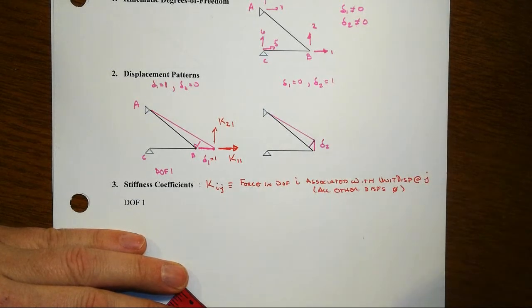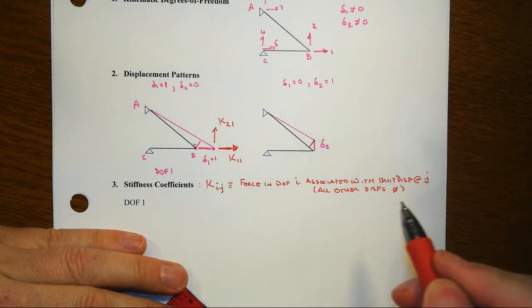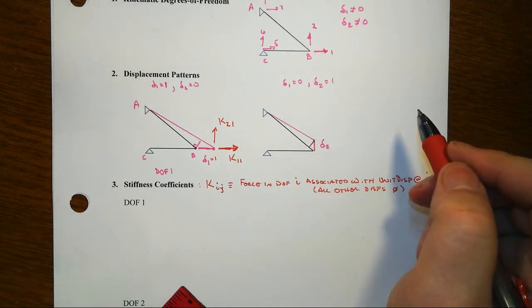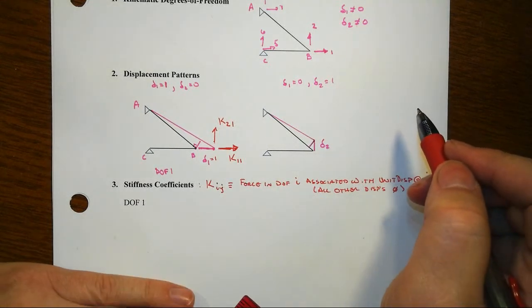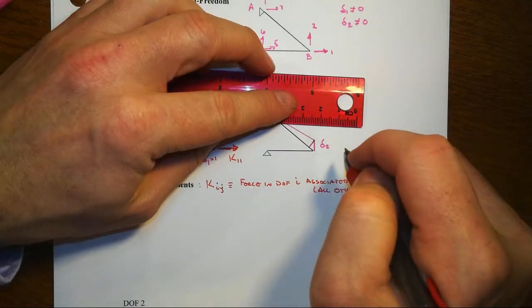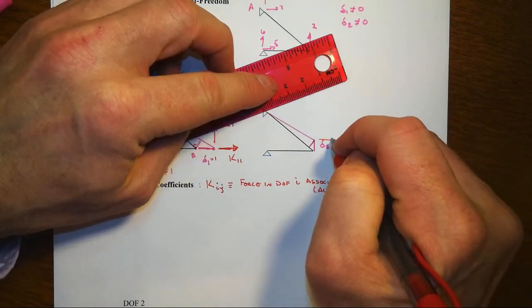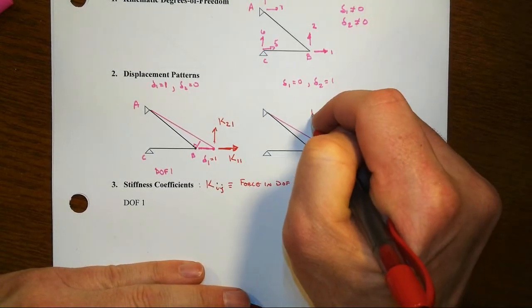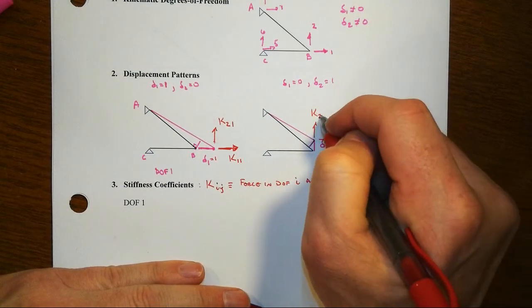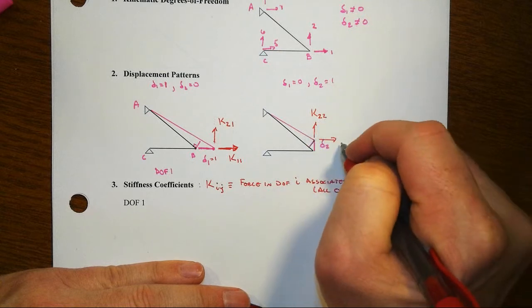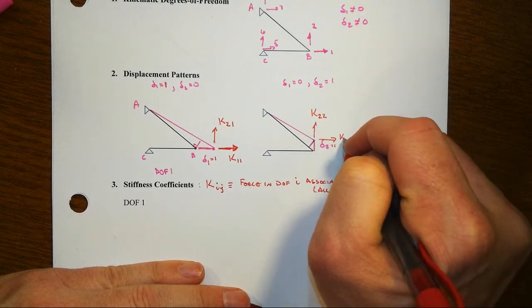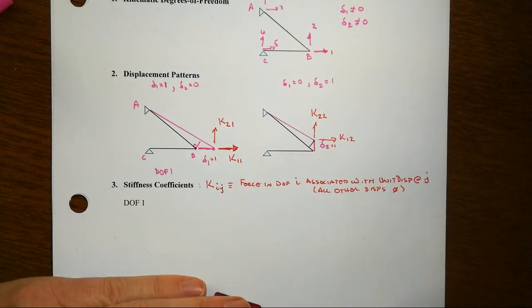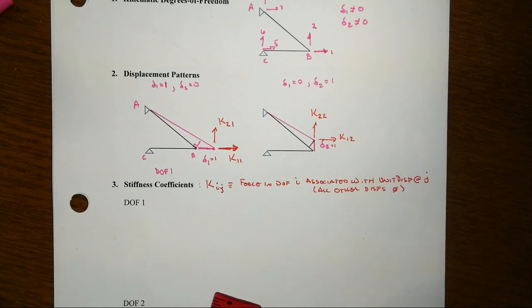That last part is crucial. Right? So that's what these are. KIJs are really forces or moments when we get into beams later on. Right? Likewise, we've got the same kind of thing going on over here. This will be K22 due to the unit load at 2, and then K12 due to the unit load at 2.